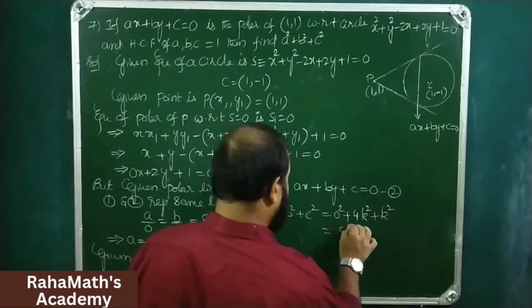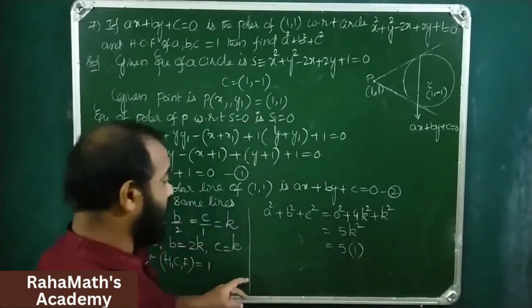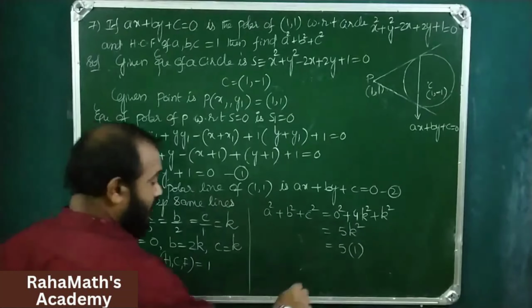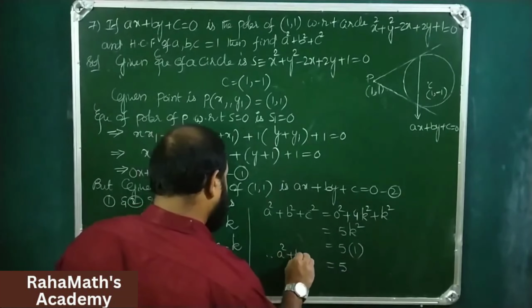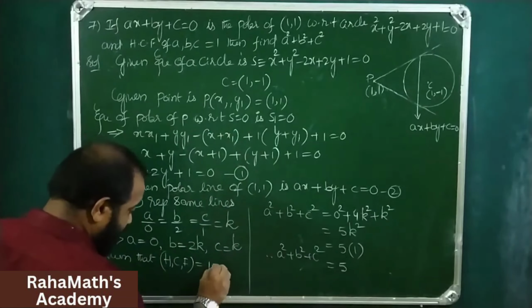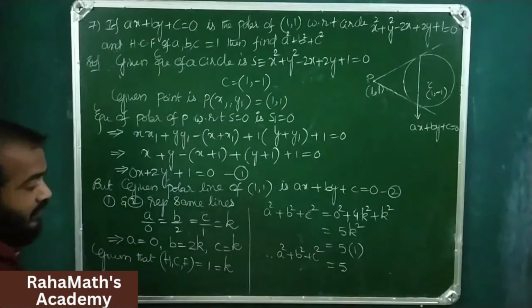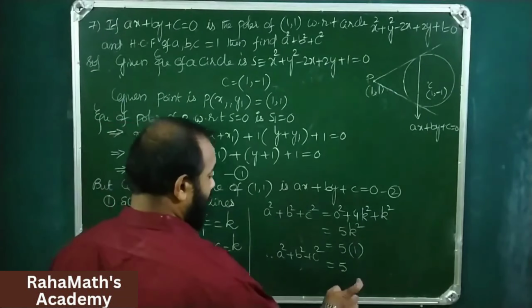So this is 5K square. K value is 1 because the HCF of all these is 1. Therefore a square plus b square plus c square is equal to 5.